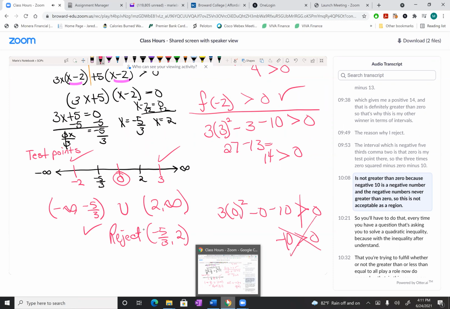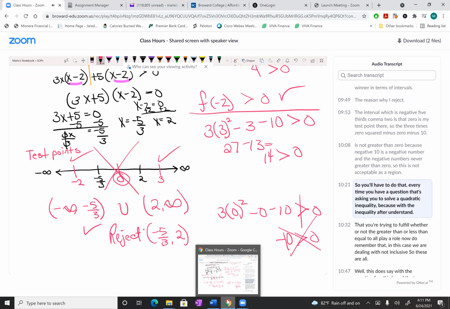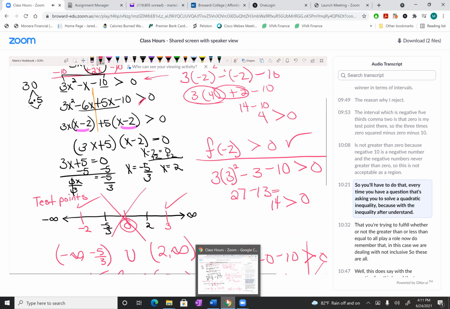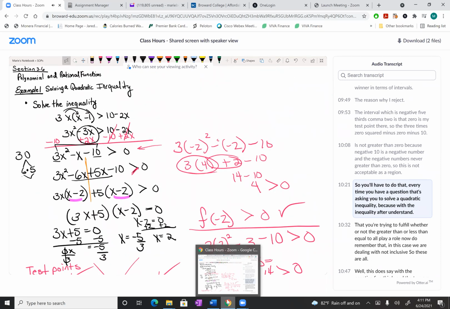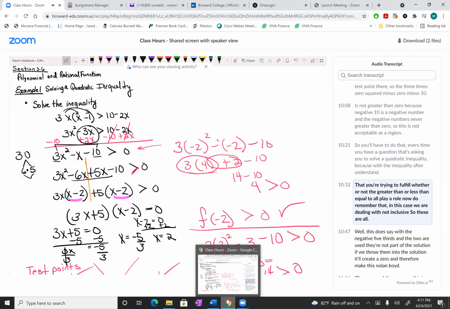So this is not acceptable as a region. You'll have to do that every time you have a question that's asking you to solve a quadratic inequality, because with the inequality, you have to understand that you're trying to fulfill whether or not the greater than, less than, equal to all play a role.